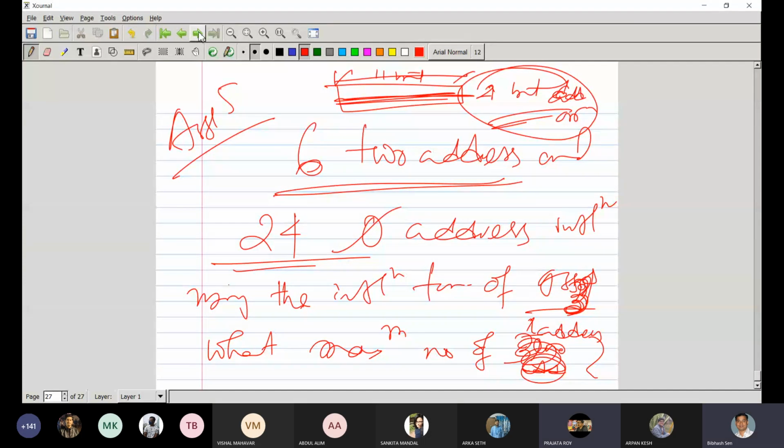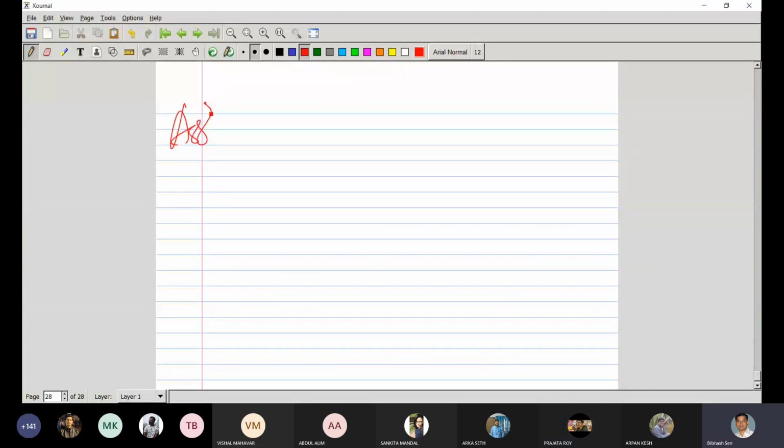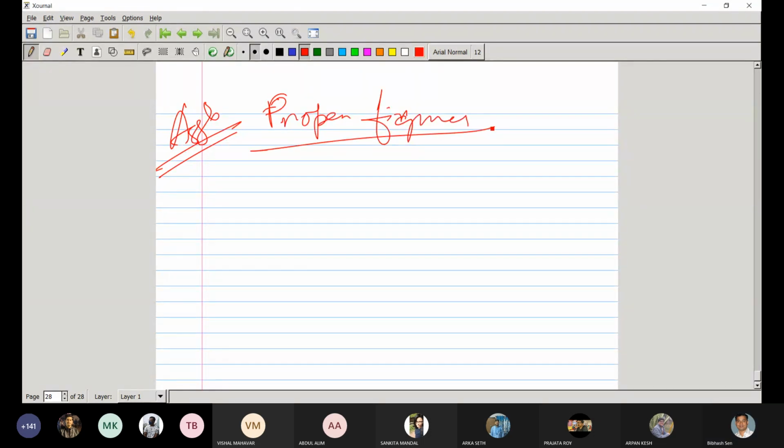Now, assignment number 6 is that, with a proper figure, you find the difference. Draw a figure and an example also, an example on your own.